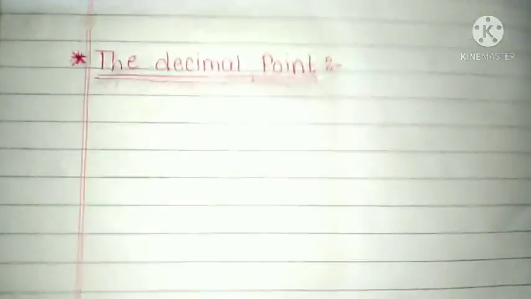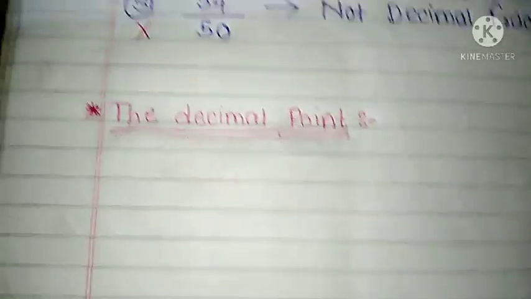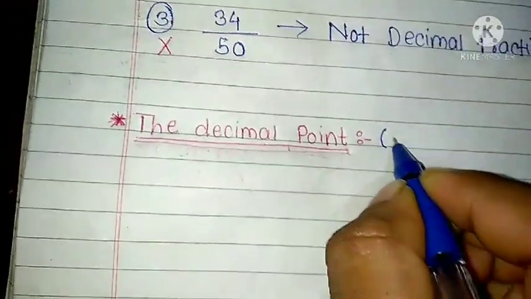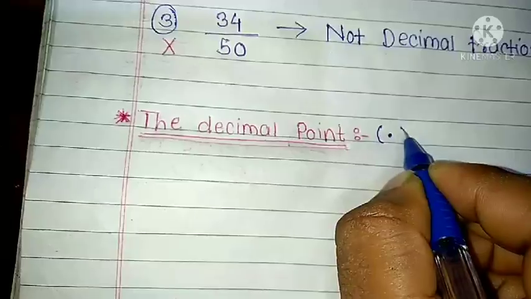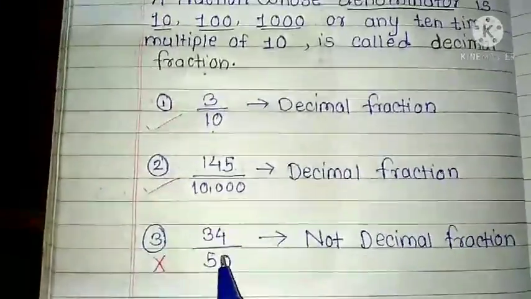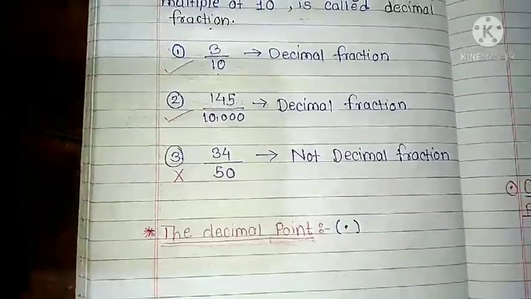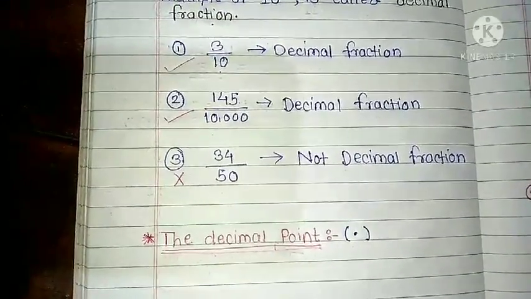Then there is the decimal point. We know how to write a geometrical point. This simple point is very useful in representing a decimal fraction.